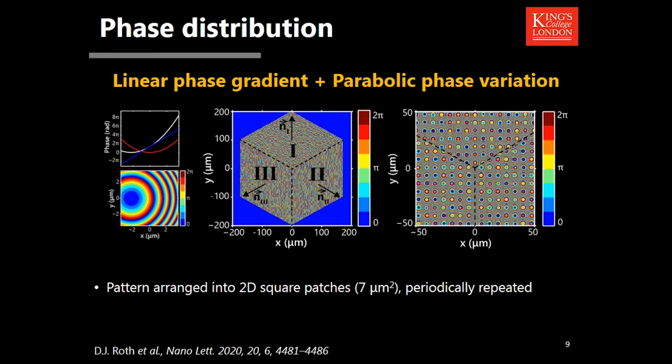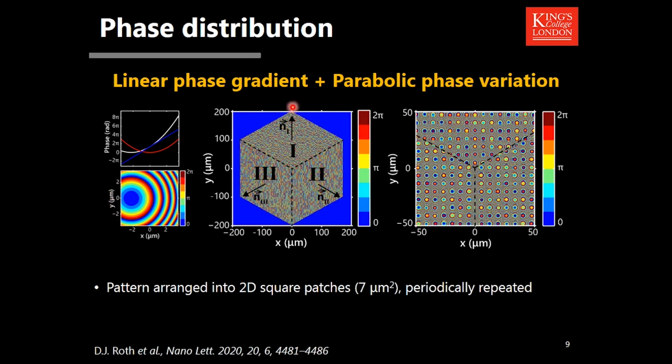In order to achieve this mixed specular diffuse reflection, the phase distribution of the metasurface requires the combination of a linear phase gradient, shown here in blue, which defines the direction of maximum reflection for each of the cube faces, and a parabolic phase variation, here in red, which provides the diffuse scattering effect. So the combination of this linear phase gradient and parabolic phase variation gives you the curve in white here in the 1D case, and this patch here in the 2D case.